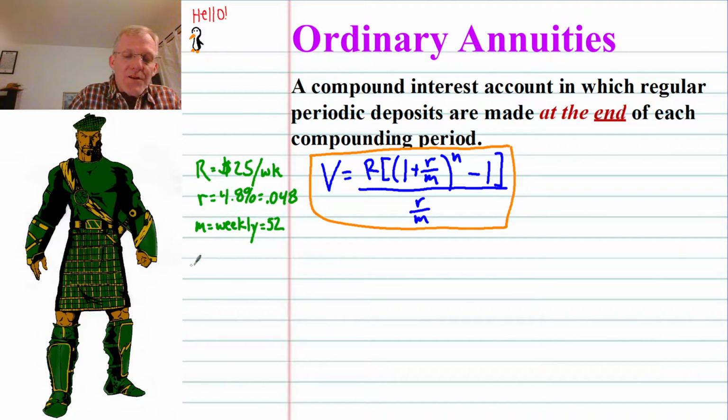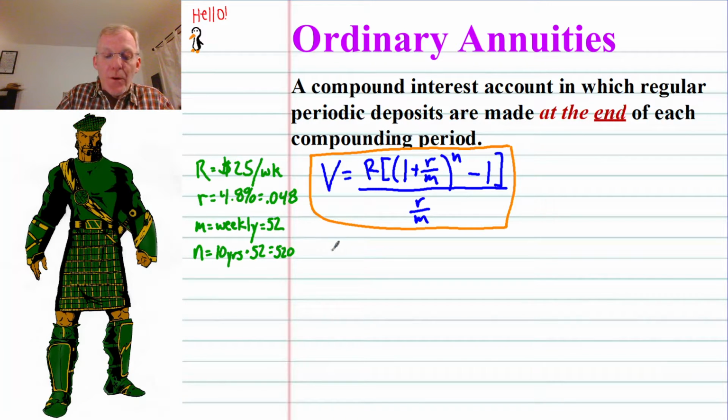And how long are we going to put this in for? Let's do this for 10 years. So N is going to be the 10 years times the number of times compounded per year, 52. So N is going to be 520 times compounded in total over the life of the annuity.